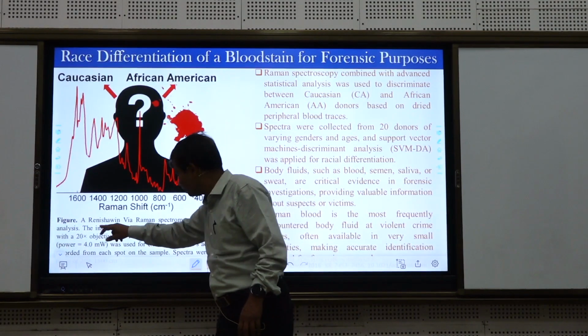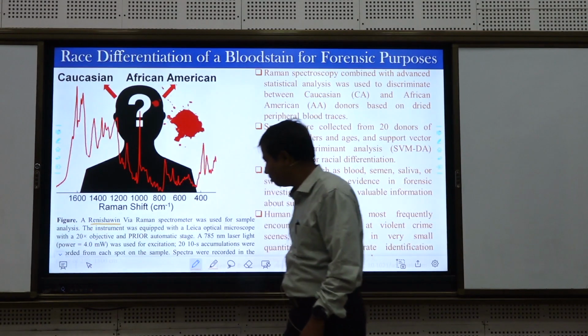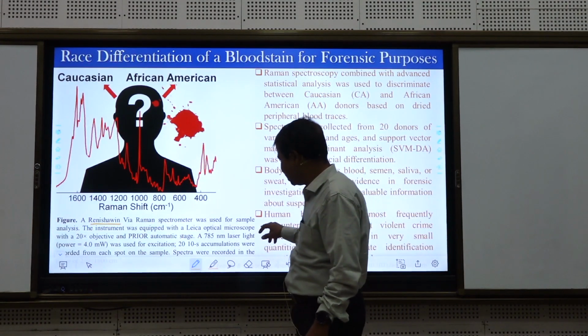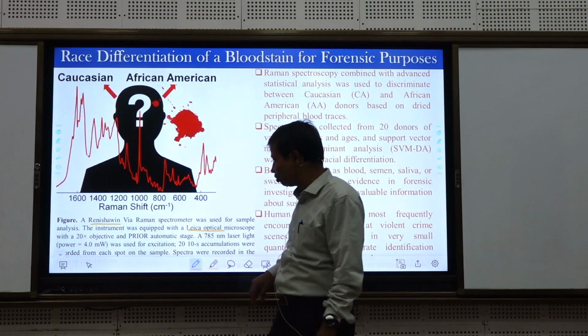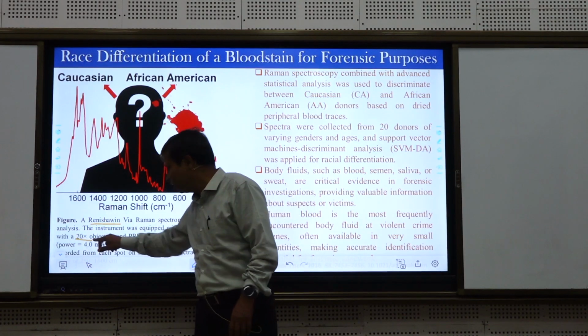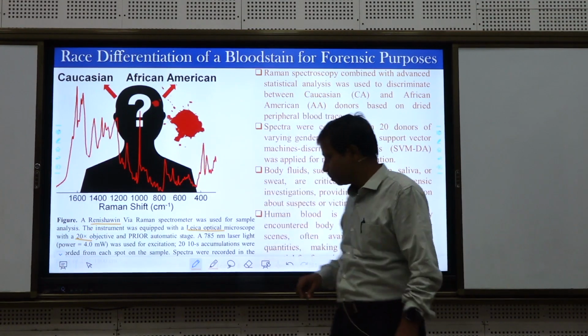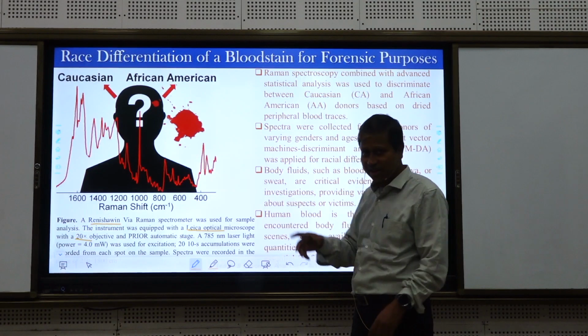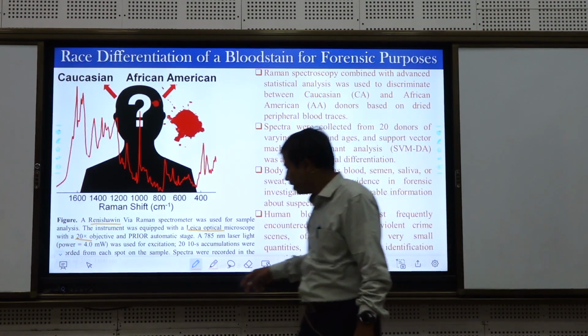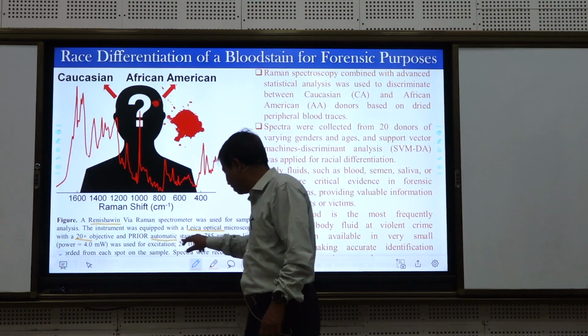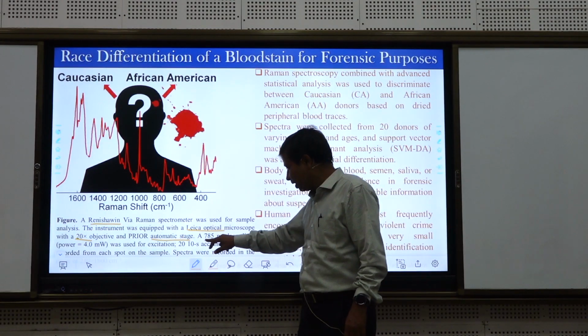And these I kept. This is the instrument name, and you always have to give this information. So they have used a Leica optical microscope. They have used a 20x objective lens, you see 20x, 100x, 10x, and this is an automatic stage.